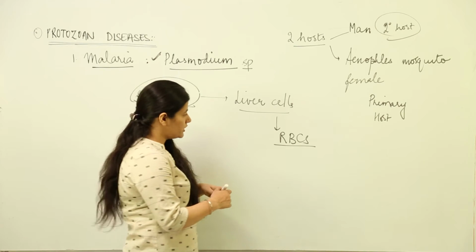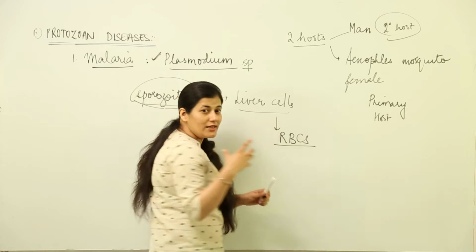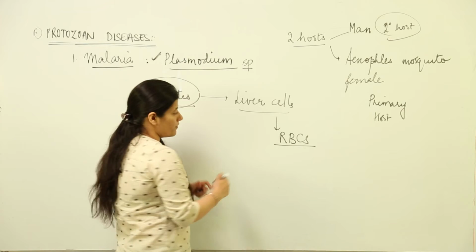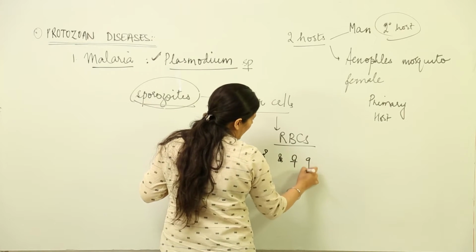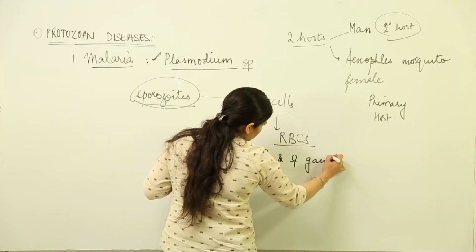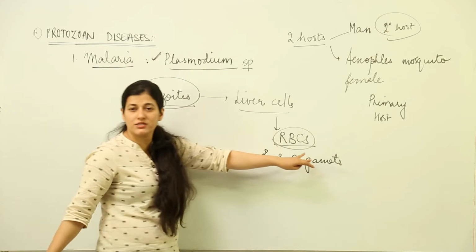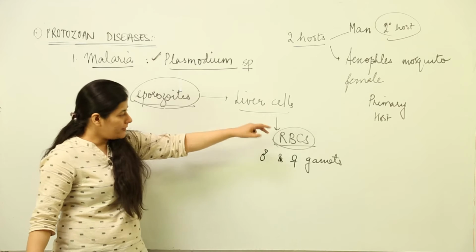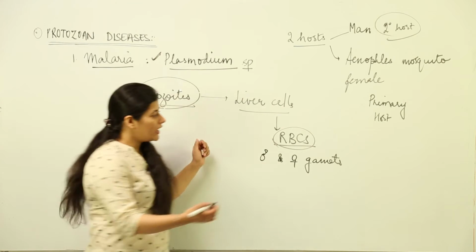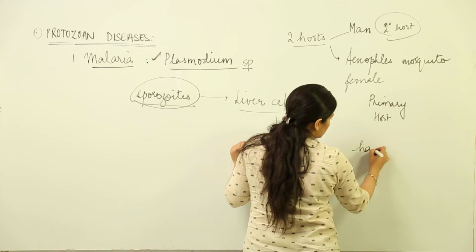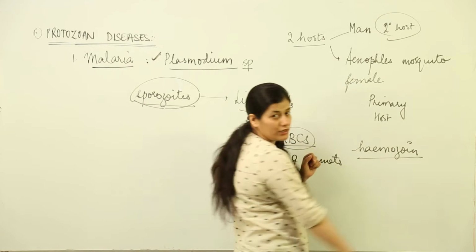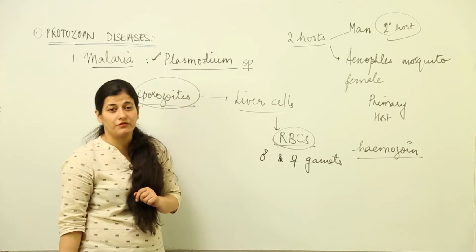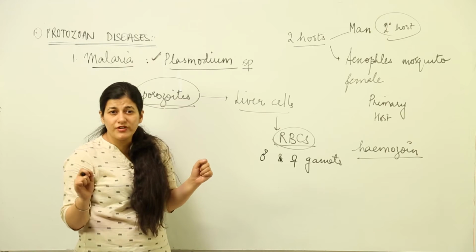What happens over here is that these RBCs become the site for formation of male and female gametes. Where are they produced? They are produced inside the RBCs. These RBCs burst and release a chemical known as hemozoin. That is why people suffering from malaria have extreme feverish chills.